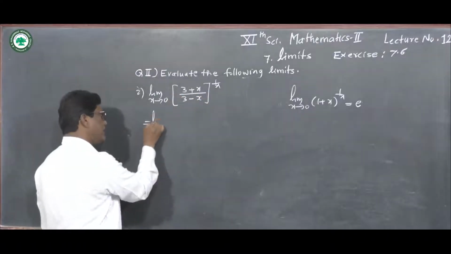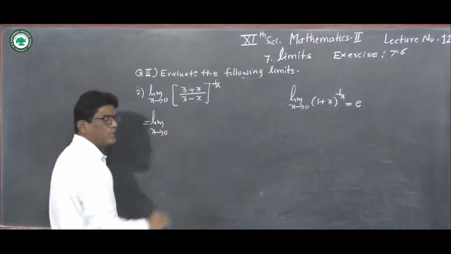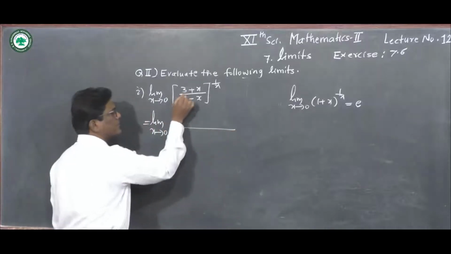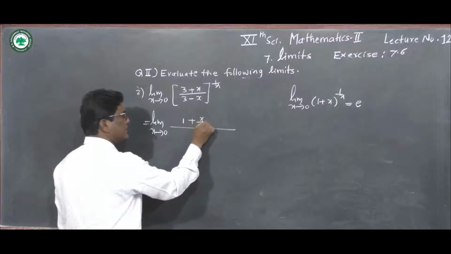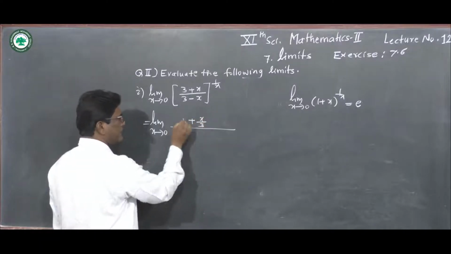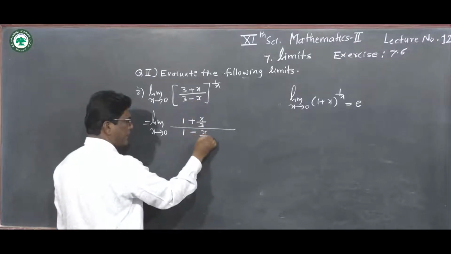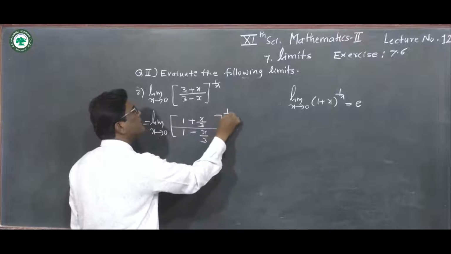So this is equal to limit as x tends to 0, dividing numerator and denominator by 3: 3 upon 3, that is 1, plus x upon 3, divided by 3 upon 3, 1, minus x upon 3, and whole to the power 1 upon x.